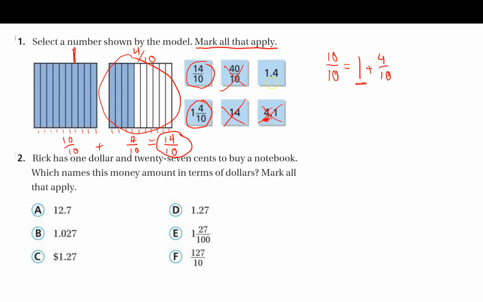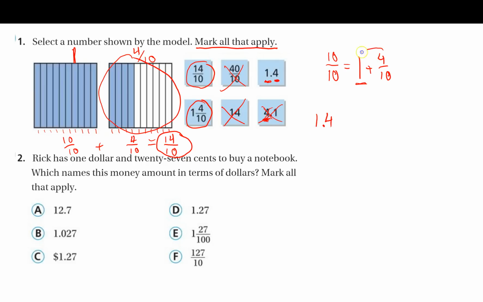Now let's look at this one. We have a 1. You have to remember place value for this test. We have the 1 in front of the decimal. That's in the ones place. And then the number to the right of the decimal, the 4, we have to remember our place value. Next to the decimal is the tenths place. So this number is representing 1 and 4 tenths.